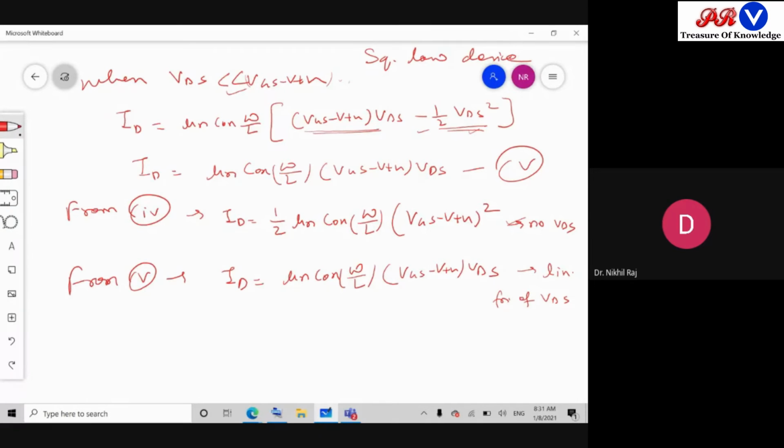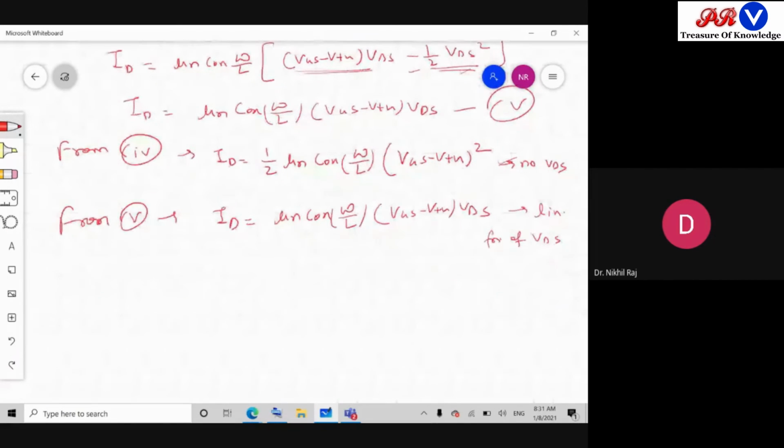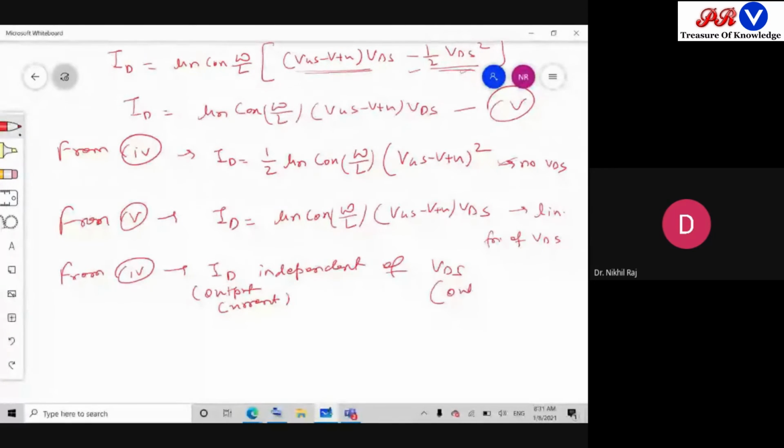So from 4, we can say ID is independent of VDS. Okay, so ID is your output current and VDS is your output voltage. So here output current is not a function of output voltage.